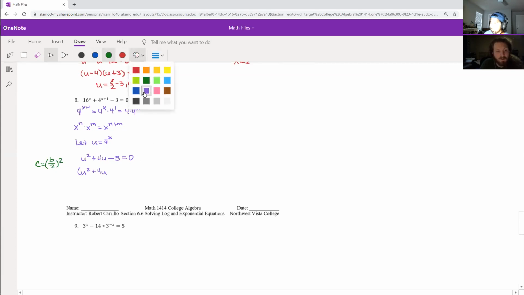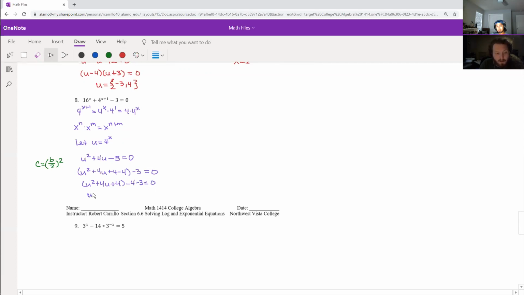So 4 divided by 2 is 2. Square that, that's 4. Plus 4 minus 3 equals 0. So this is U squared plus 4u plus 4 minus 3 equals 0.